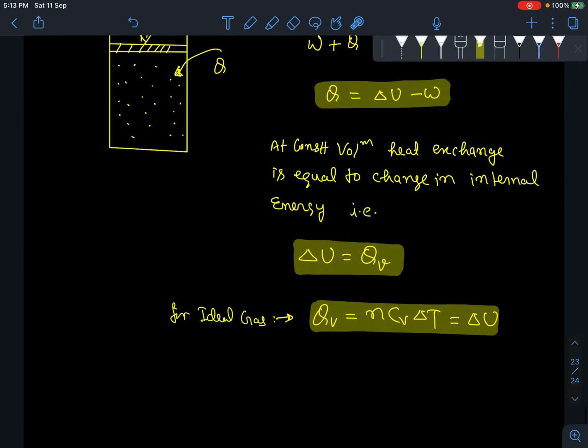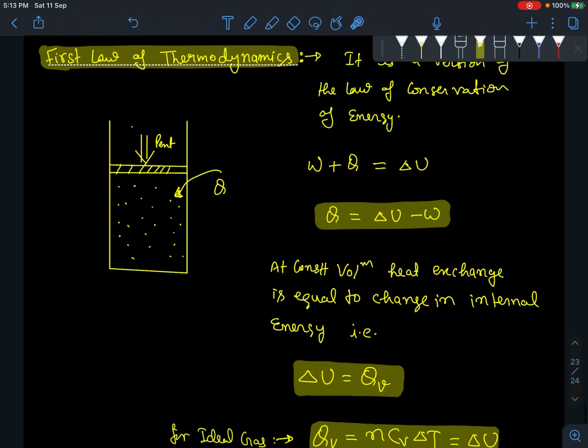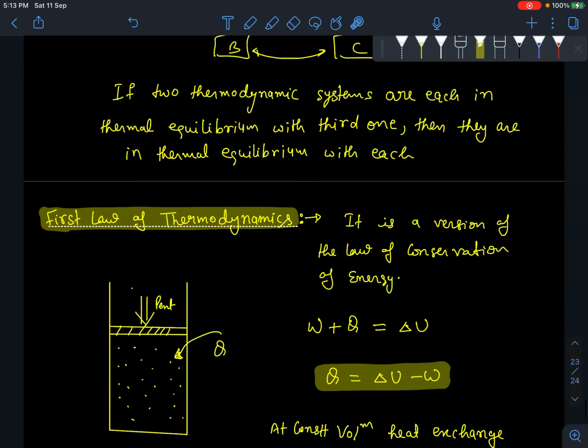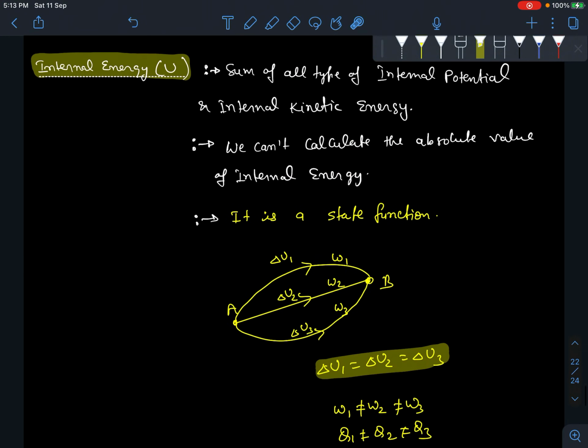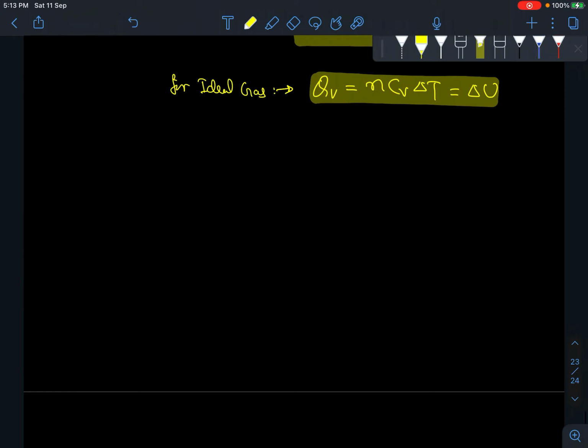Now, as I told you, this delta U, in fact U is a state function, right? As I told you, internal energy is a state function. So suppose, my dear, there are 3 pathways from point A to B, by which the system is changed from its initial state to final state.